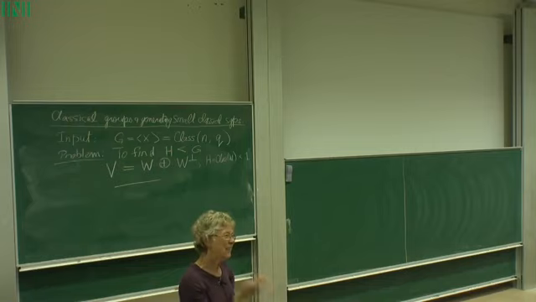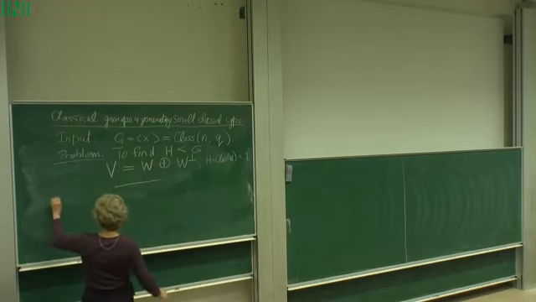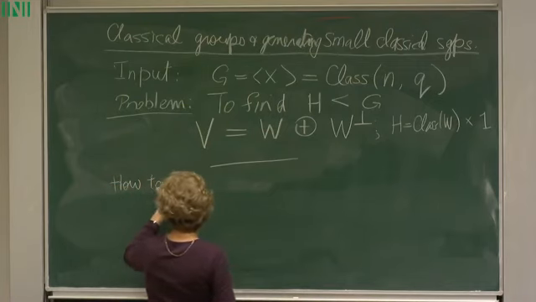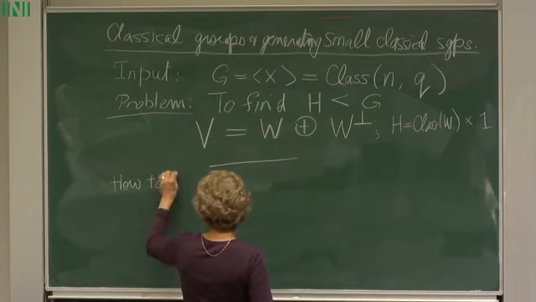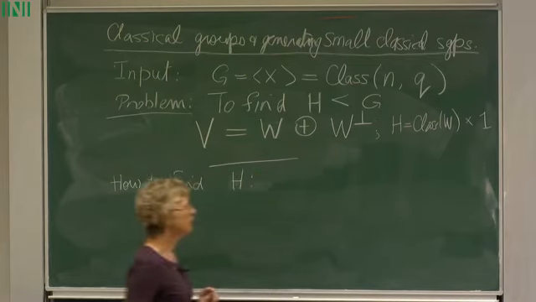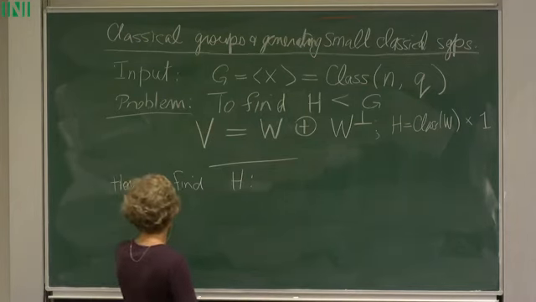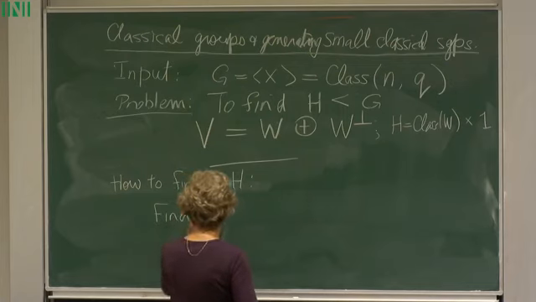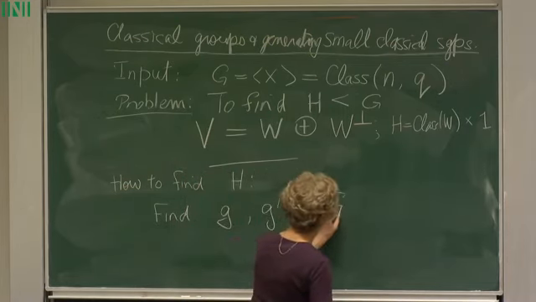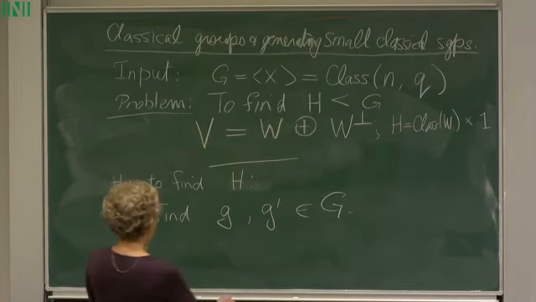Heiko, Charles, Eamon, and Frank use, and it's very similar to what Akos was also wanting to do, how to find H. Well, you find two elements, g, g prime. What do you want these elements to be like? What do you want them to do?